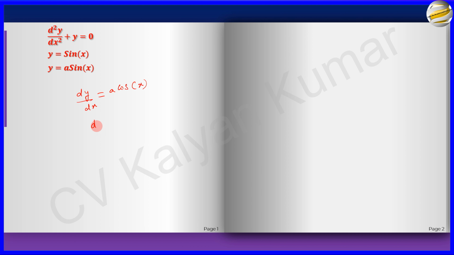And what would be d2y by dx2? It would be negative a sine x. So negative a sine x is this. This is a sine x. Can you see it is still equal to 0? It still satisfies this equation. So even this becomes a solution of this equation.